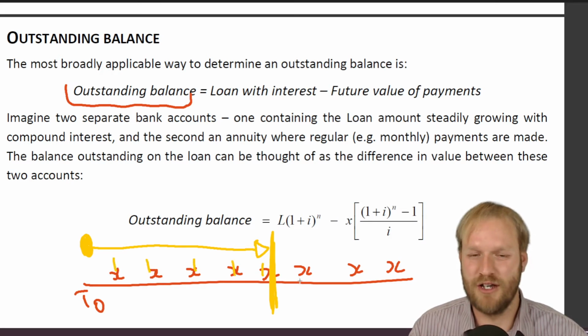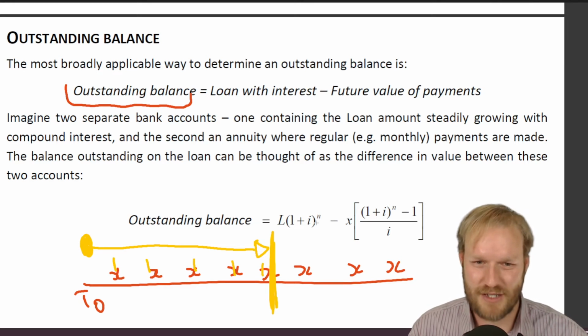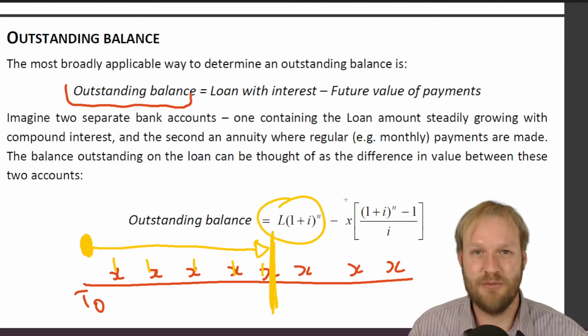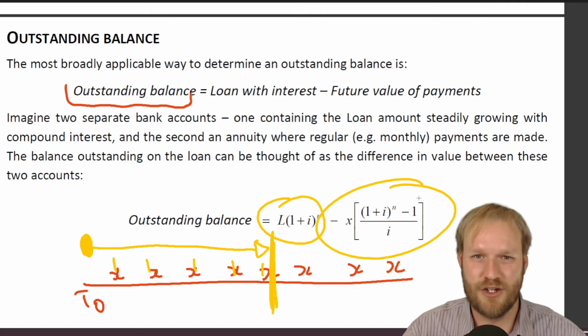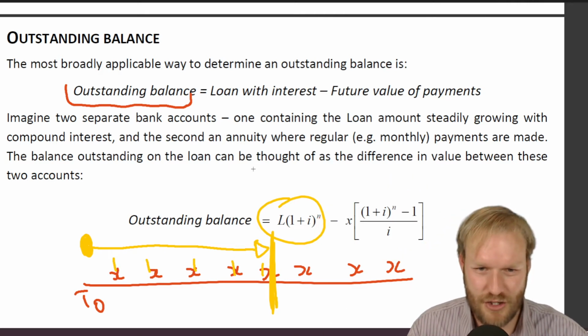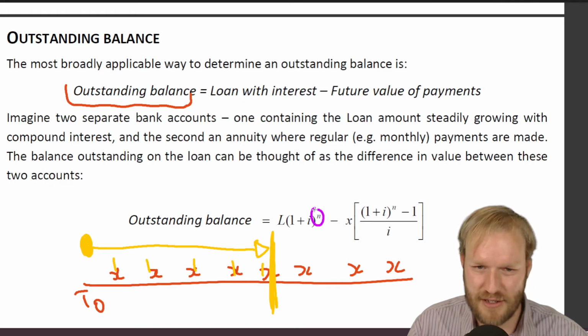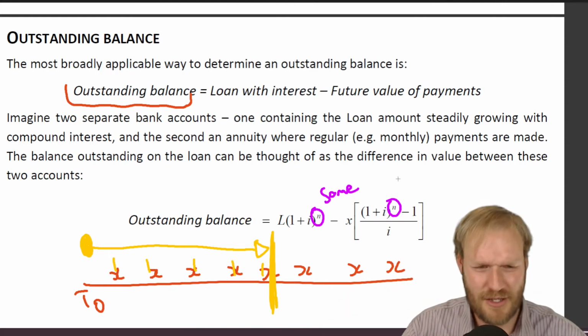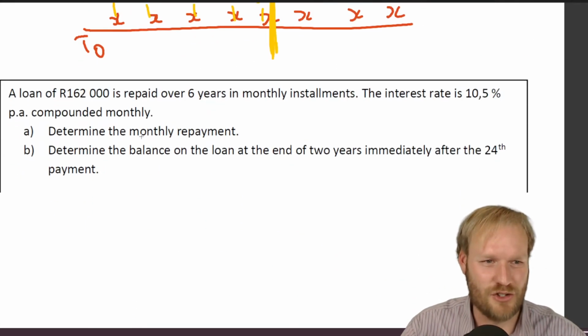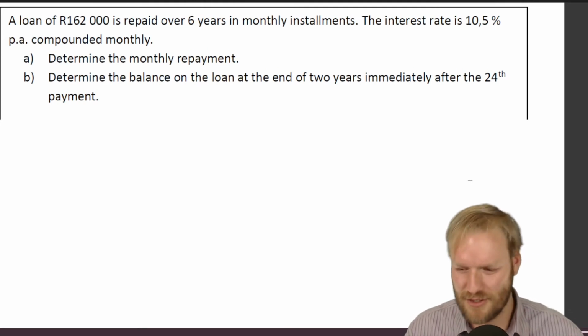So all we need to do is see how much the loan has grown by and subtract what we've put in in payments. Just note that these two ends are the same: we're at the same point in our loan period. Let's head straight into an example to make sense of this.